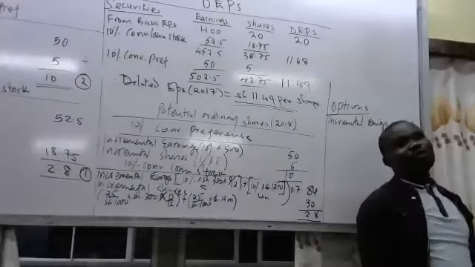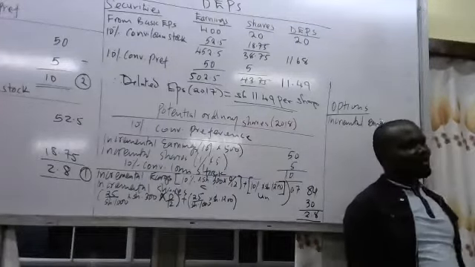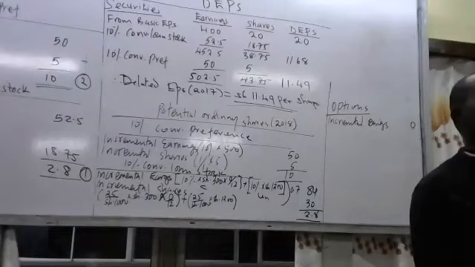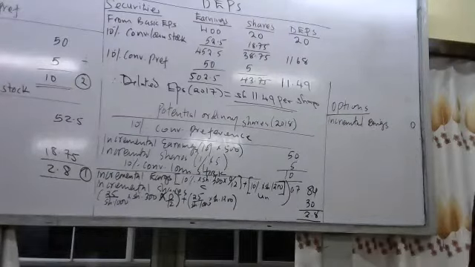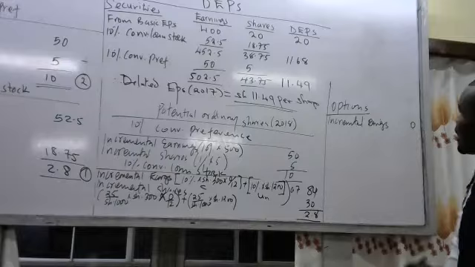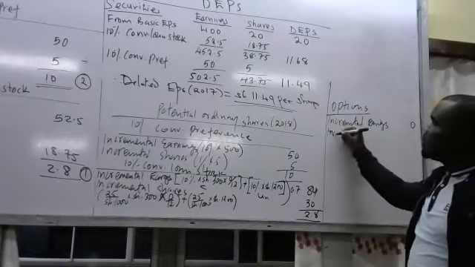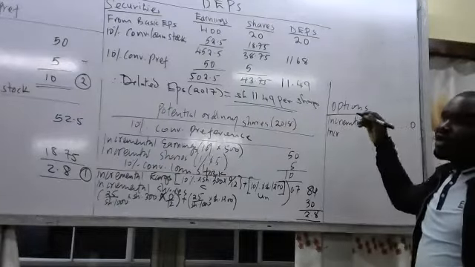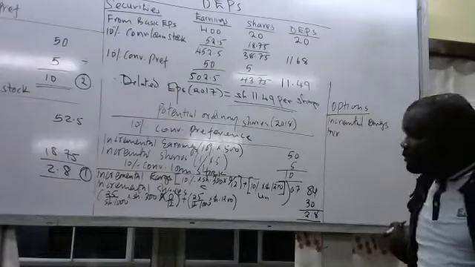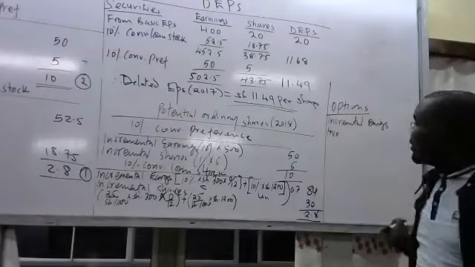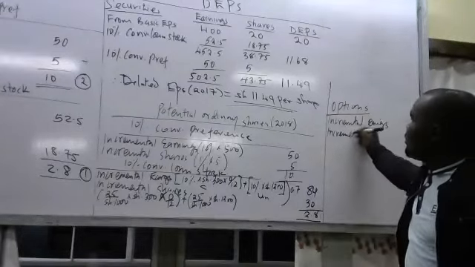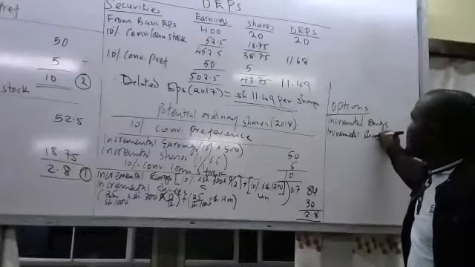It is not easy, but 0. Incremental shares, we said always 0 because employees, you cannot tell them to prepare shares.